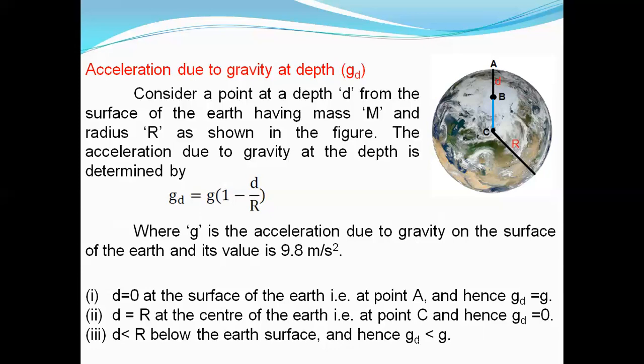So as d by R is less than 1, 1 minus that value gives you a result less than 1, and then g_d will be less than g.